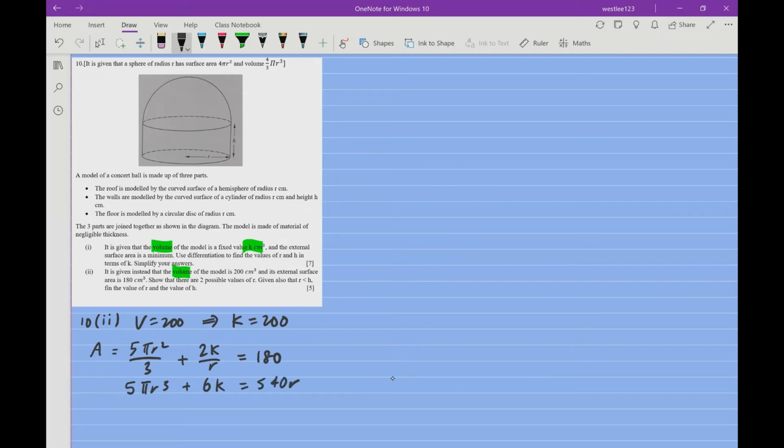But remember, they told us that k is 200, so this becomes 1200. So rearranging in descending powers of r, we have a cubic equation in terms of r. So we will use the GC to solve this equation for us.